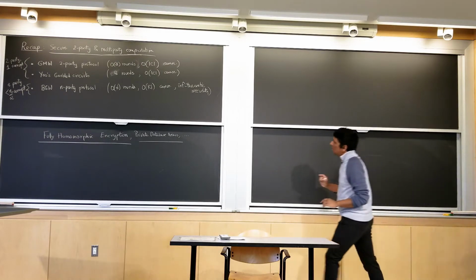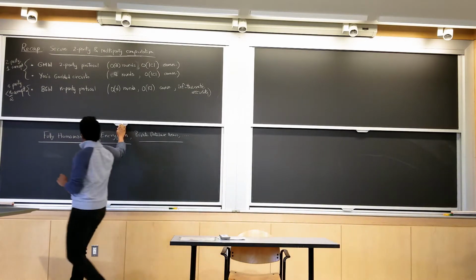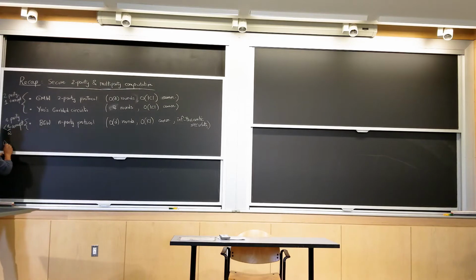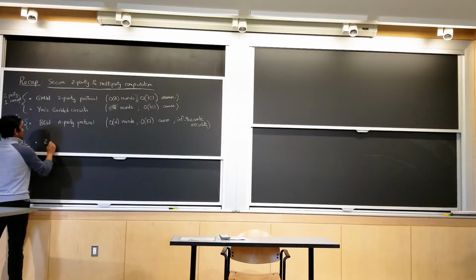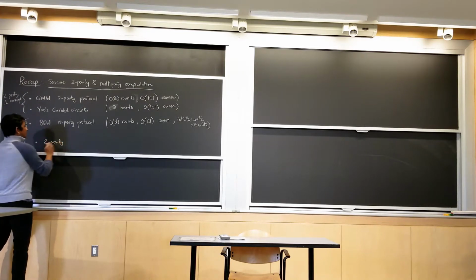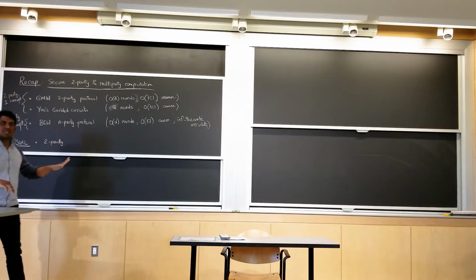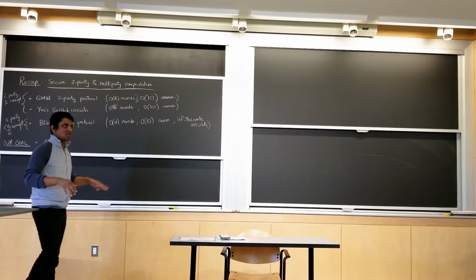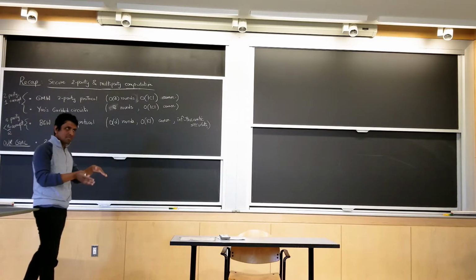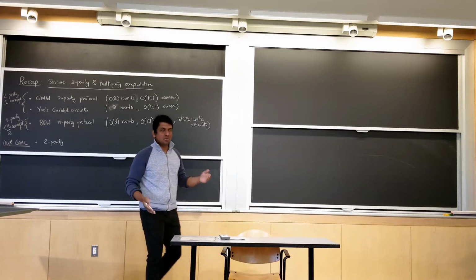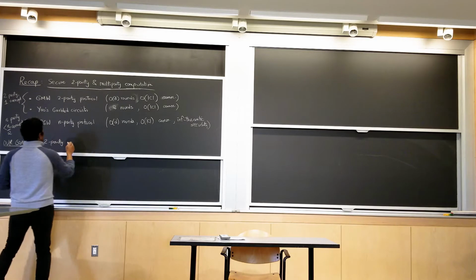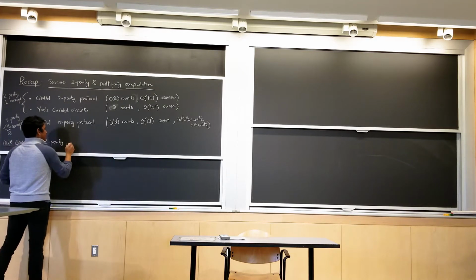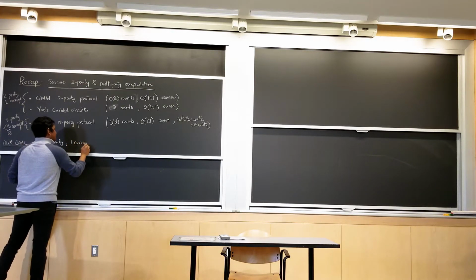So our goal is to get two-party. In fact, whatever I'm going to say also generalizes to multiple parties. It doesn't really matter. Two-party protocol with one corruption generalizes to n-party protocols with n-1 corruptions.